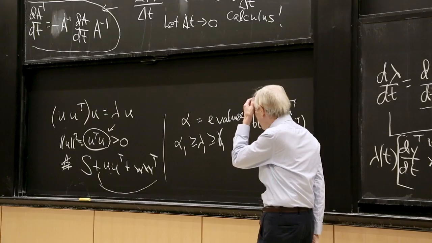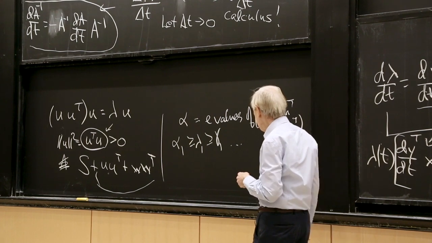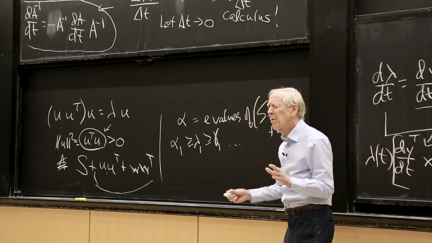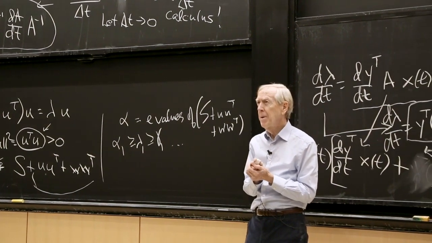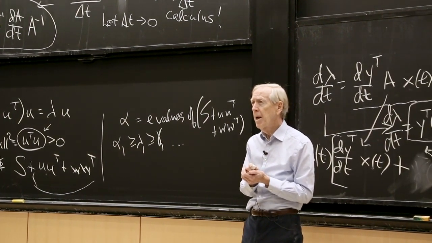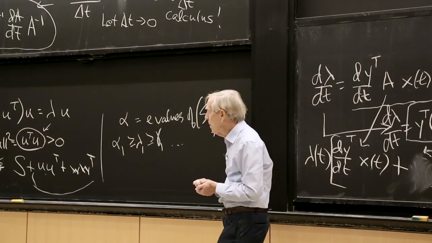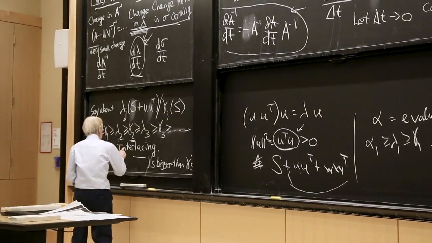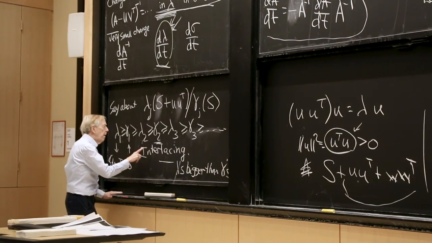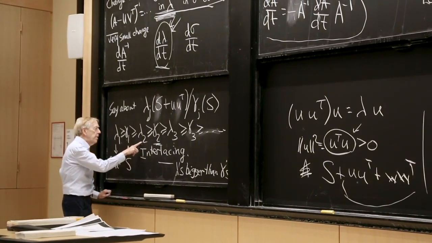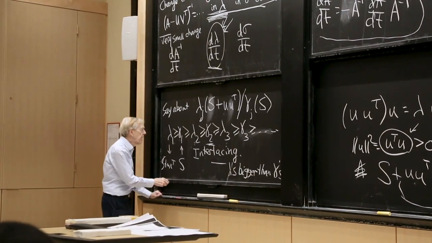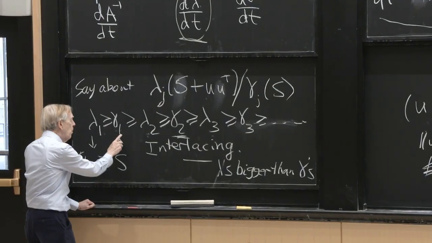Now, let's see, is gamma 1 bigger than alpha? What am I struggling to write down here? What can I say that reflects the fact that lambda 2 went up?